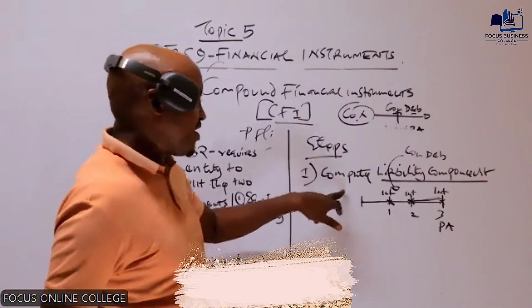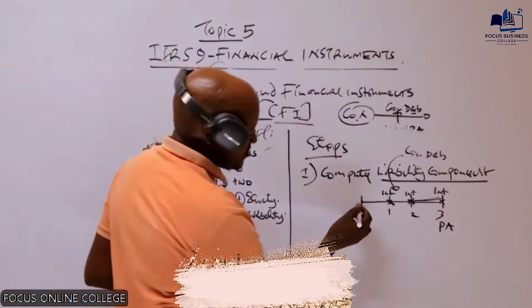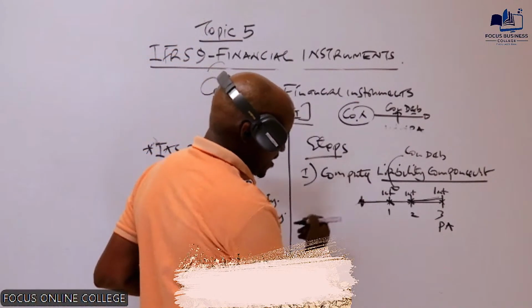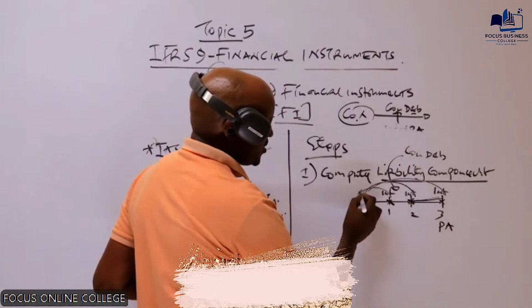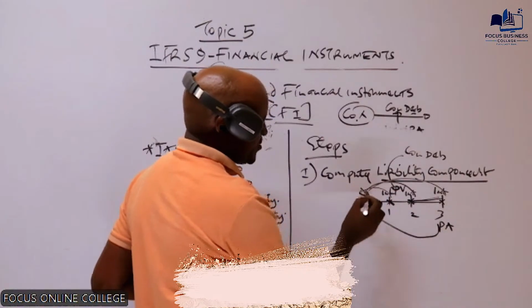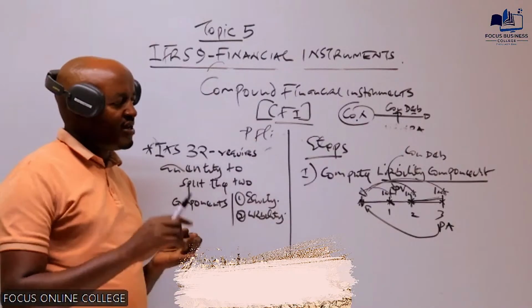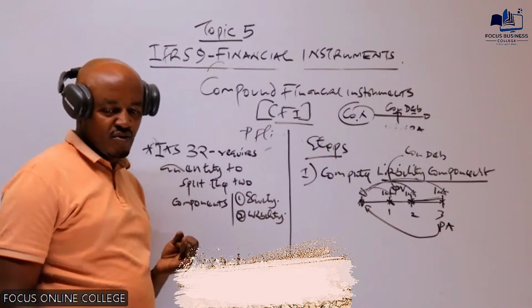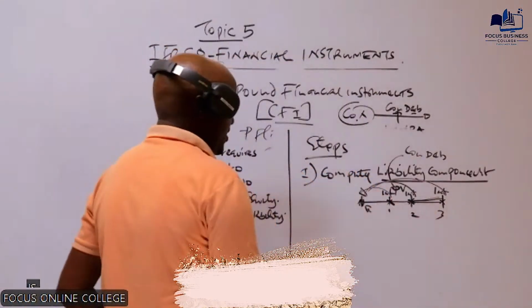So how do we compute the liability component? To compute the liability component, which has to be computed on the date of the issue, we discount all this. To discount basically entails computing the present value. So we get the present value of the interest to be paid annually and the present value of the principal amount.